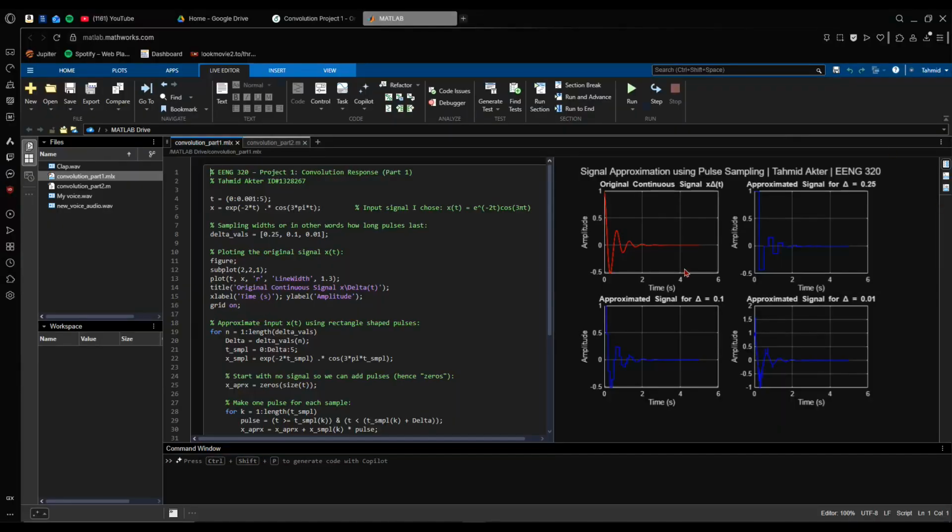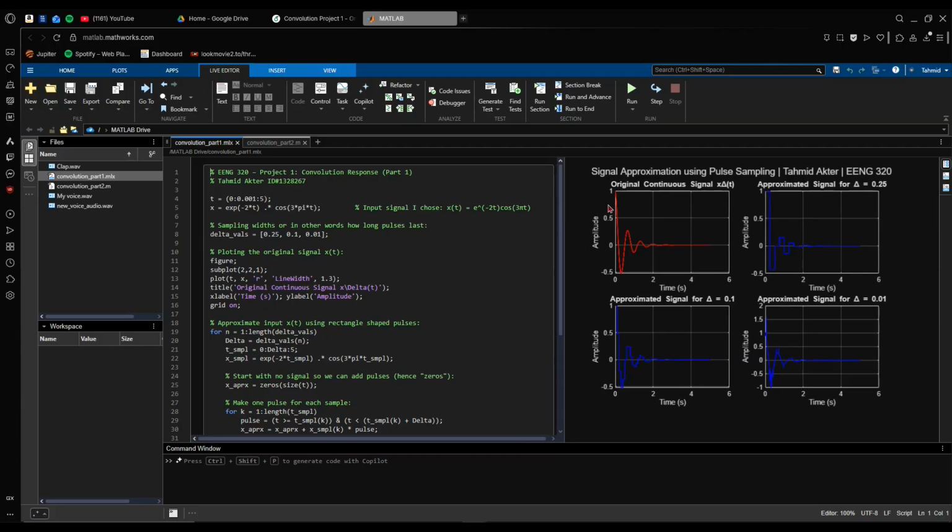We can see on the top left that I already ran the outputs of my code. One plot is the continuous signal, and the other 3 show different delta conditions, different pulse widths. The first one is delta of 0.25, then 0.1, and then 0.01.